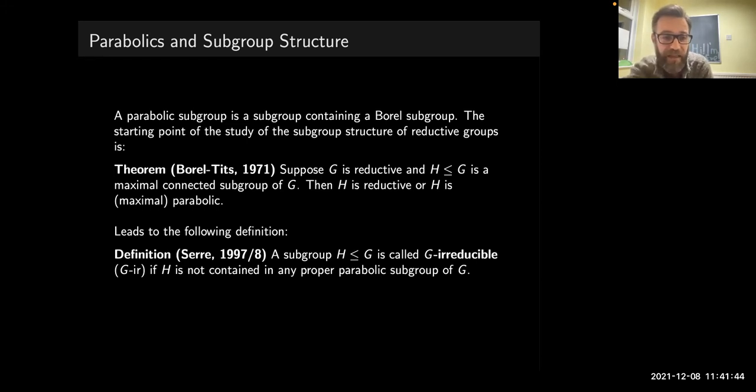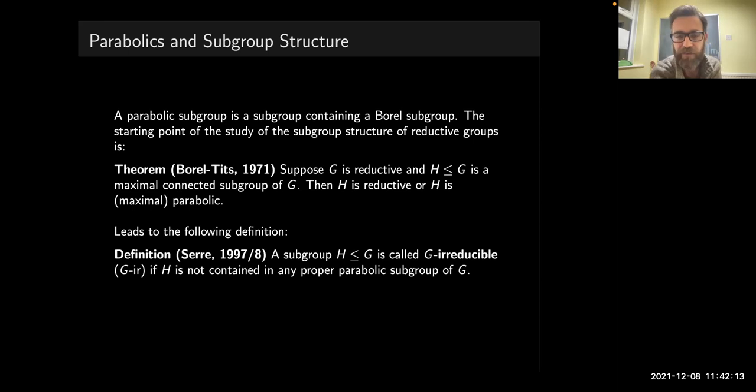But he realized it would be useful to look at a certain class of subgroups of G, and it's kind of related to the Borel-Tits results. I've put it on the same slide. It's the class of subgroups of G which are not contained in any proper parabolic. Okay, so this will include the maximal reductive subgroups, but maybe other subgroups as well.